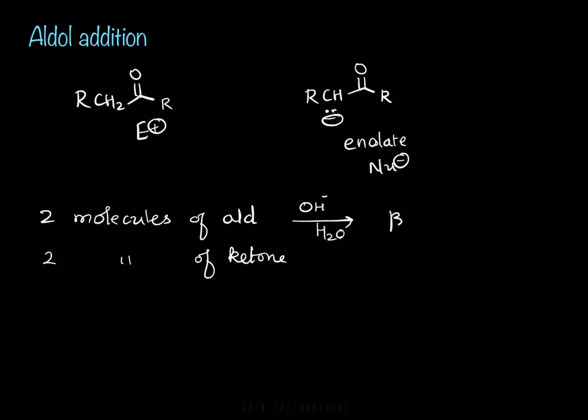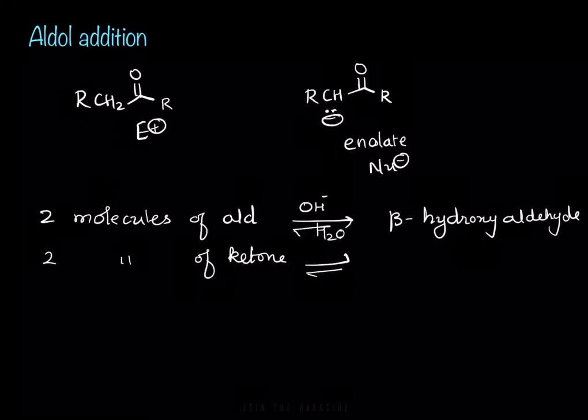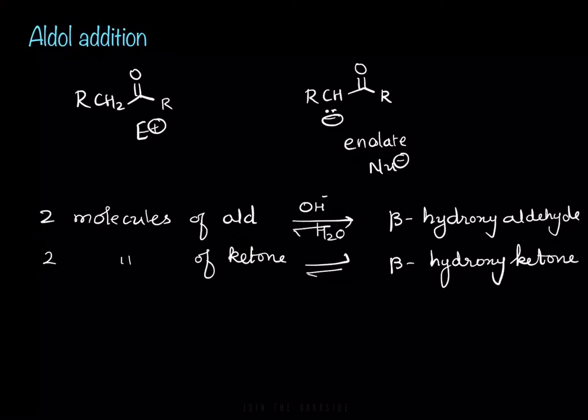The product would be a beta hydroxyaldehyde in the case of aldehydes, and it would be a beta hydroxyketone if you're going to start with ketones. That's super easy to keep in mind.